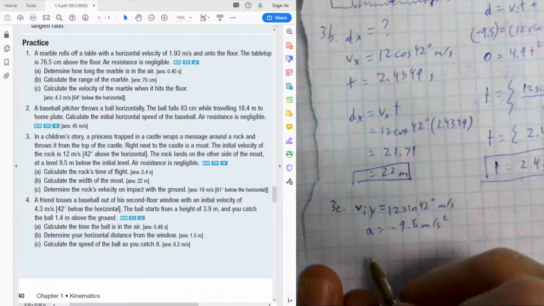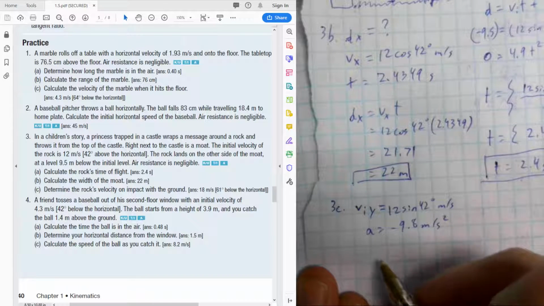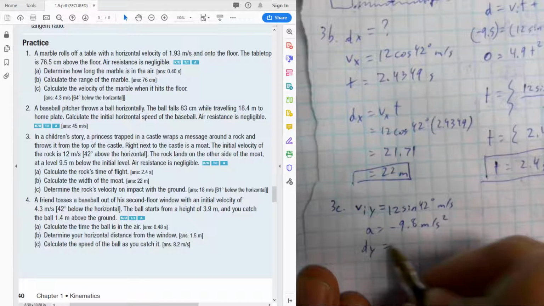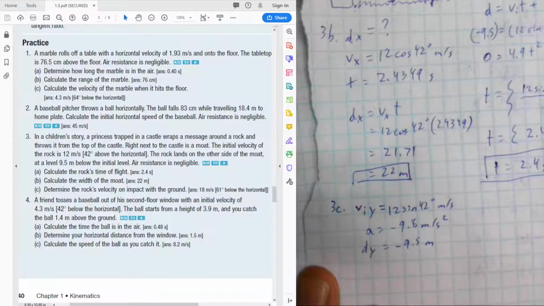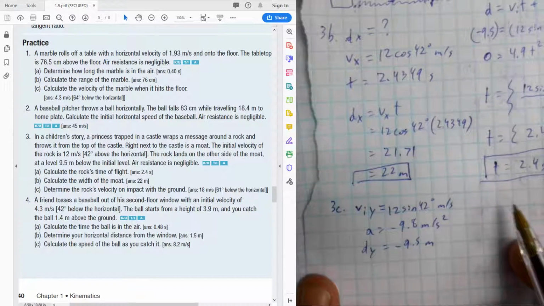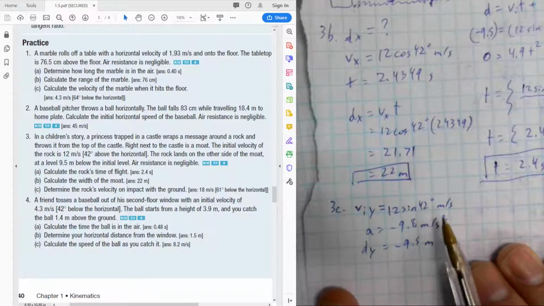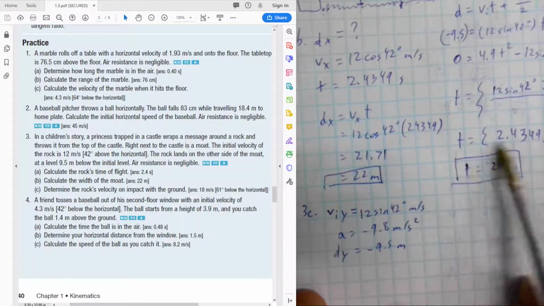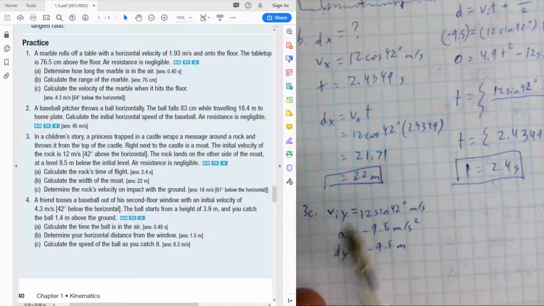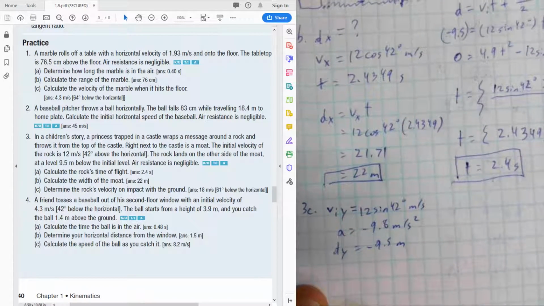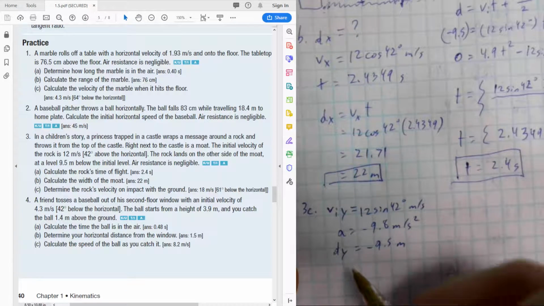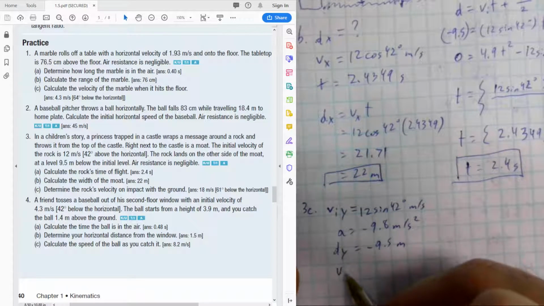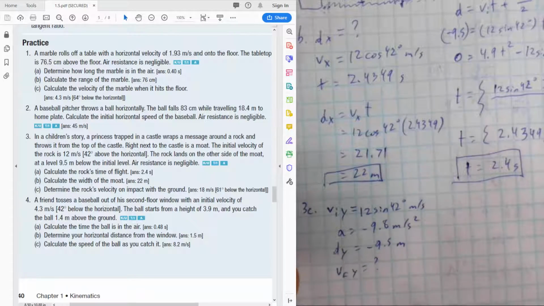We know our dy, negative 9.5 meters. Now we could use our t to help solve for this as well, but because this was a calculated value, it's best to use these values here, so that we don't have to use any trailing decimals. So given this information, what I need to find is my VFY.